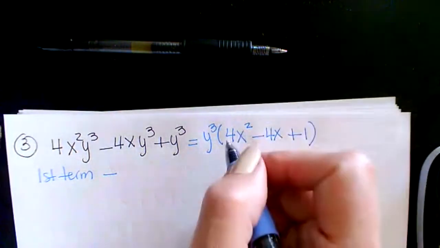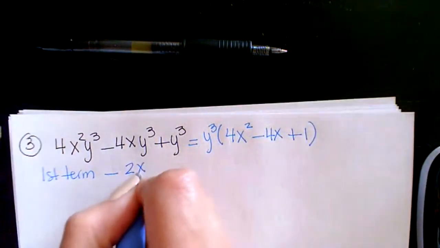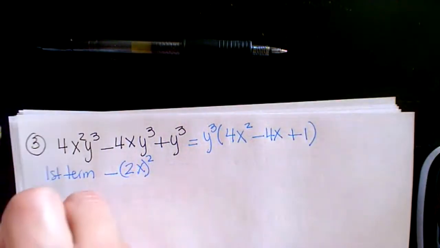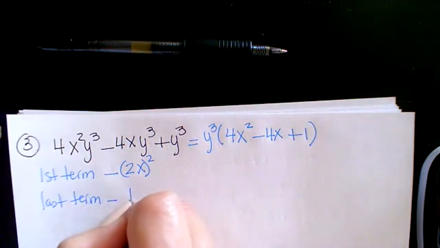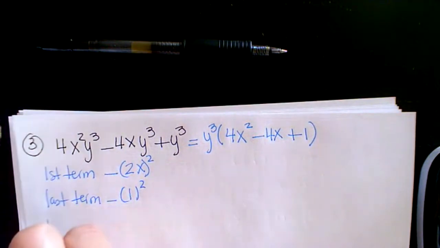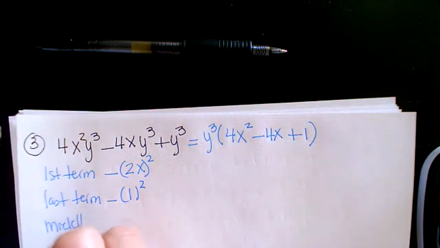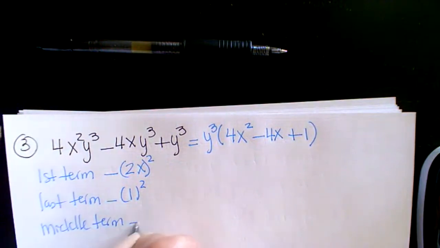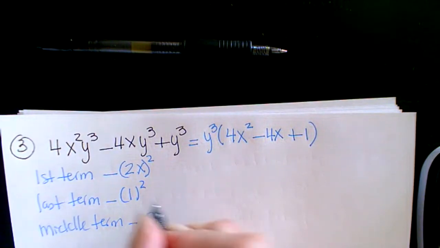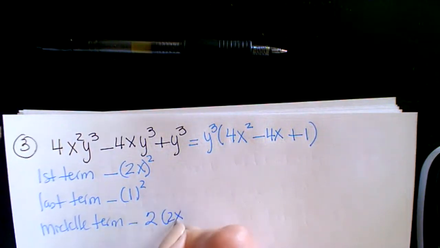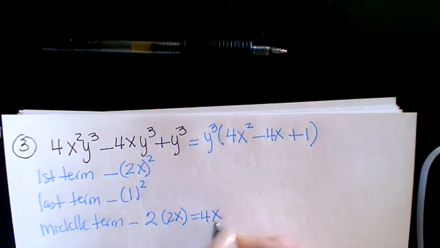Now we can do it. First term is going to be 2x squared. Last term is going to be 1 squared. And the middle term is going to be 2 times 2x, which is going to be 4x.